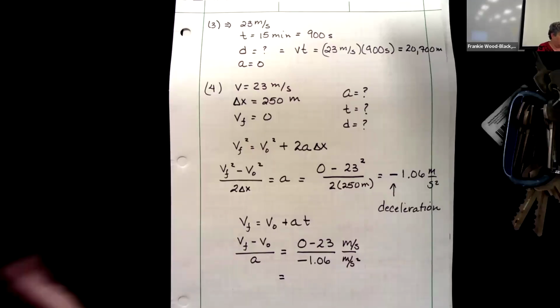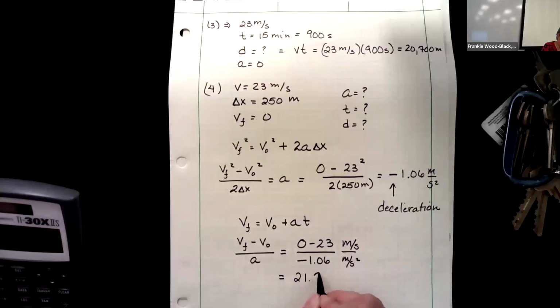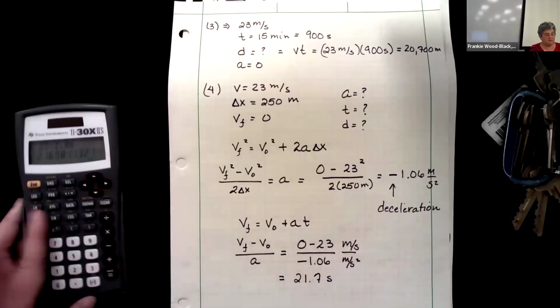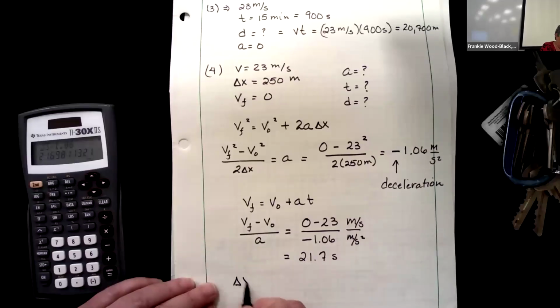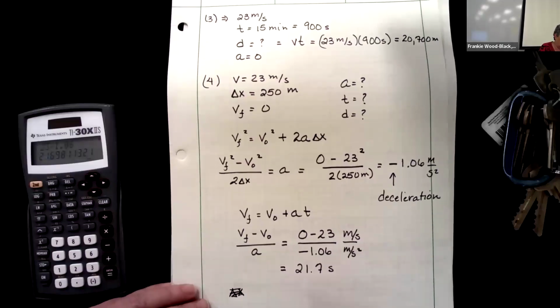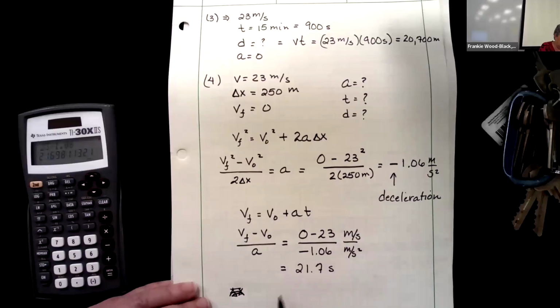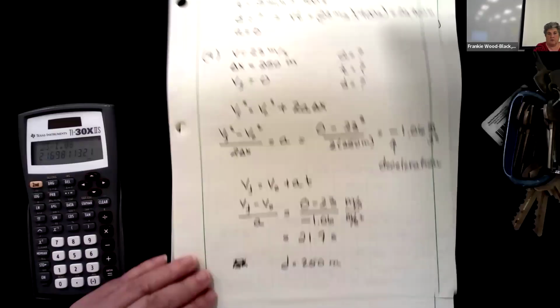And now I get the time that it took was 21.7 seconds. And now I can do my change in position. Well, we already knew what my change in position is. It's 250 meters. So we have that.